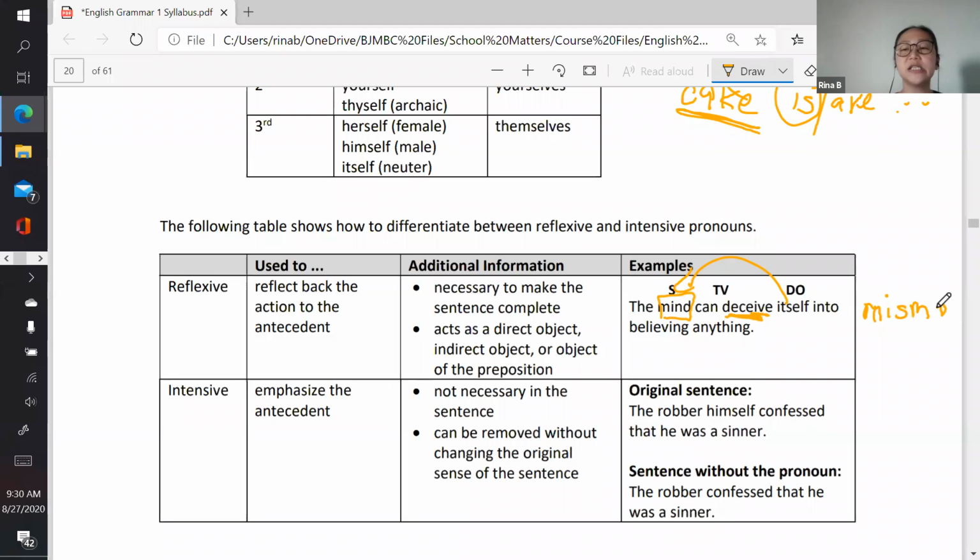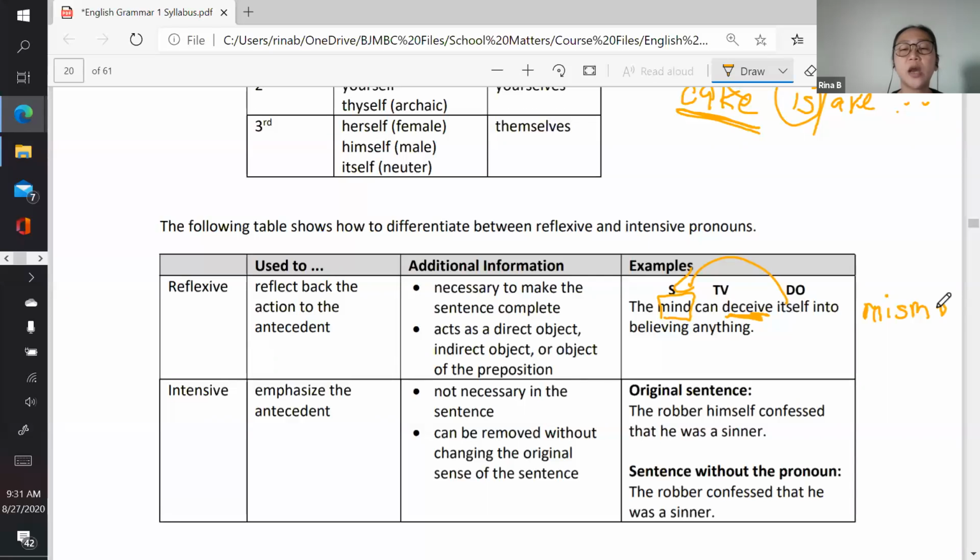In English, you're saying, I myself will do it. Yeah? So, the myself there acts as an emphasizer, if that's a word. No? It emphasizes the antecedent. Okay? The noun that will actually do the action.